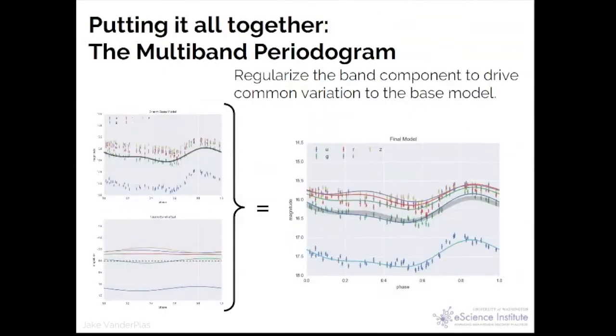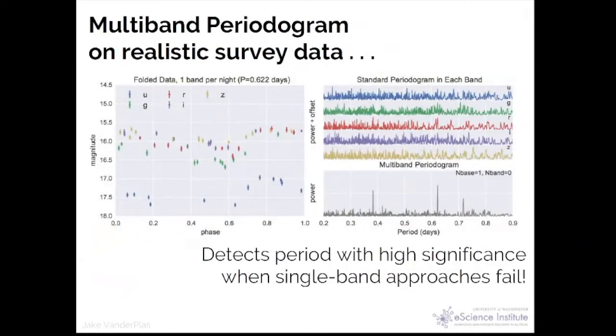If you put them together, you get a model that models everything pretty well. It ends up being a very complicated model, so you have to regularize it. Once we put in the regularization, we get a single periodogram that, for this sort of sparse data, is able to very accurately pull out this 0.6-day period.